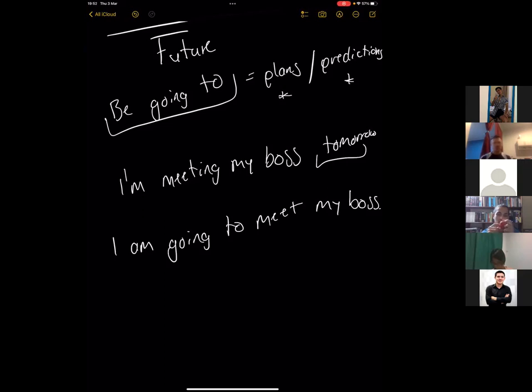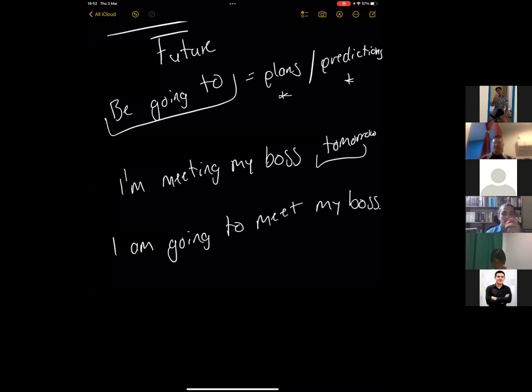Okay, so we use the present continuous and not going to when I have an appointment. Not necessarily. You can also use present continuous with a time marker for future. If you don't have a time marker, then it's not going to work for future.